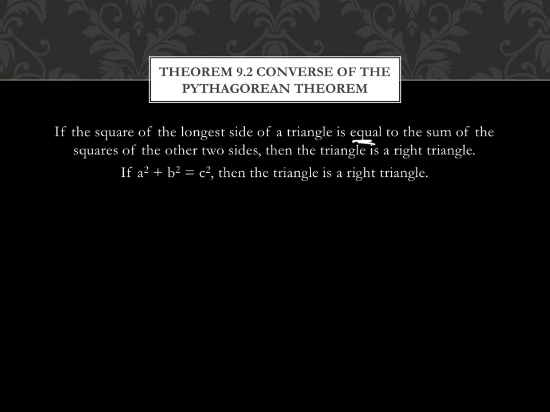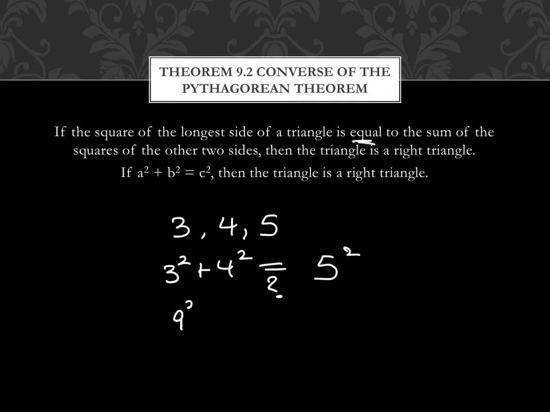So for example, if I gave you 3, 4, and 5, and if I said, tell me if this is a right triangle, again, the biggest number is C, so I could do 3 squared plus 4 squared, and I'm trying to test to see, will this equal 5 squared after I square and add them? If it doesn't, then it's not a right triangle.